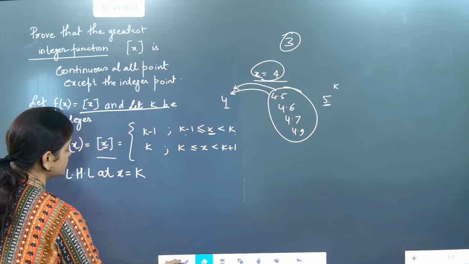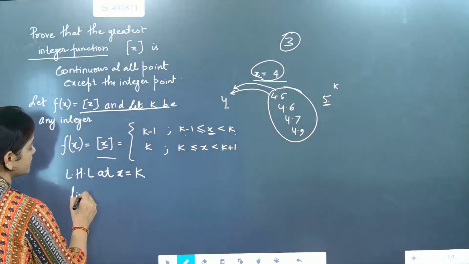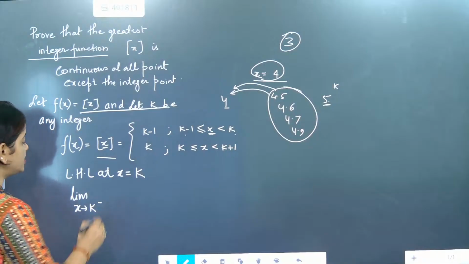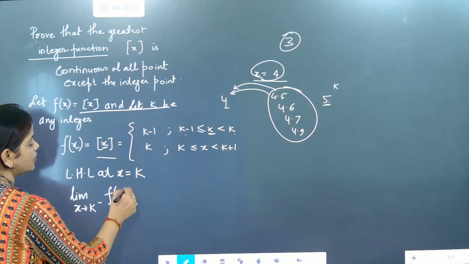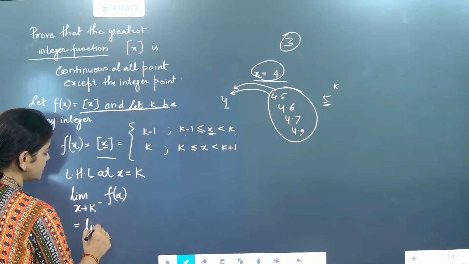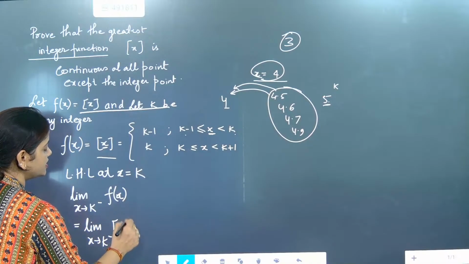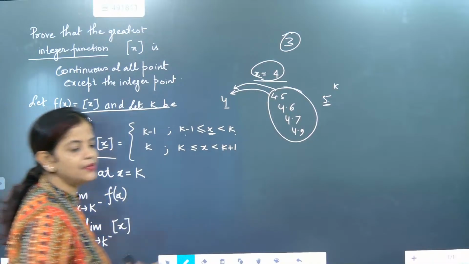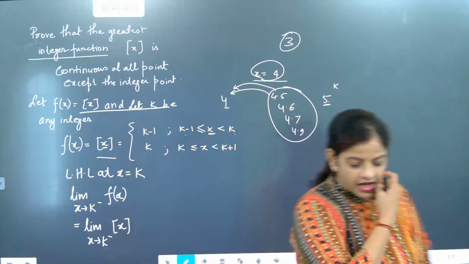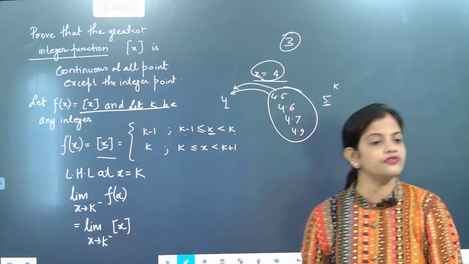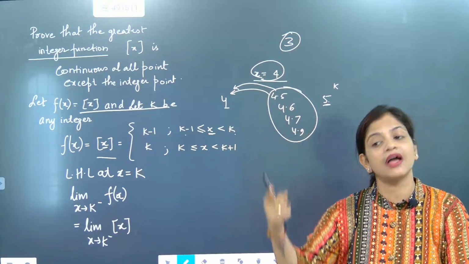We write LHL at x equal to k as limit x tends to k minus of f of x. Now beta, what is our f of x? Limit x tends to k minus of the greatest integer of x. So beta, what is the greatest integer part? We know the greatest integer function will come as k minus h.